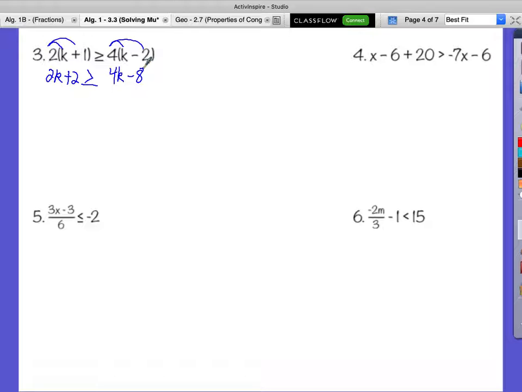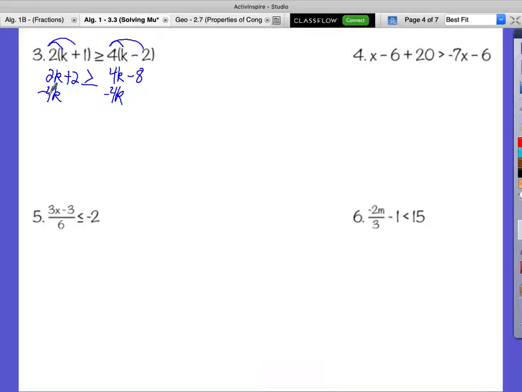So even though it goes against what we did before, we're going to move them from right to left, because we wanted them on the left at the end. If you move it left to right, we can still do this and we'll still get it right. I'll show that. But we're probably going to subtract 4k now, even though it's kind of weird compared to what we did before. For this, we want our variables to end on the left.